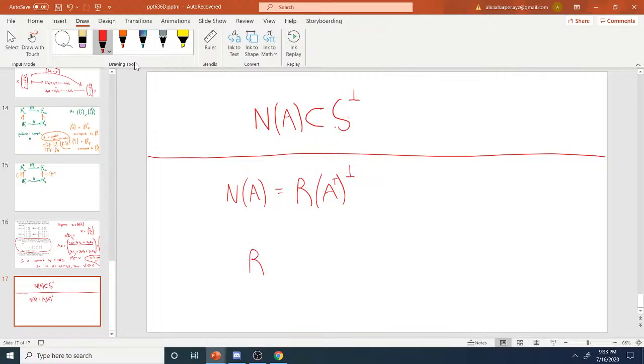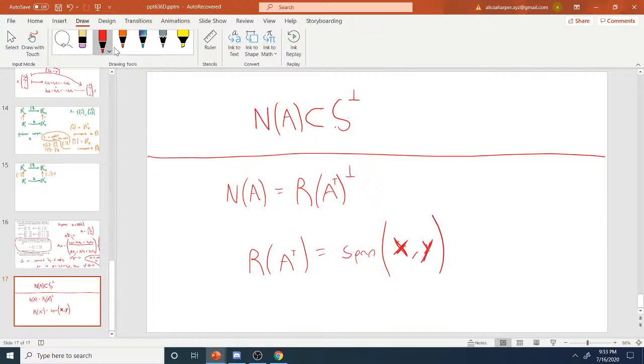But the column space of A transpose is simply equal to the span of the vectors x and y, like the problem does.